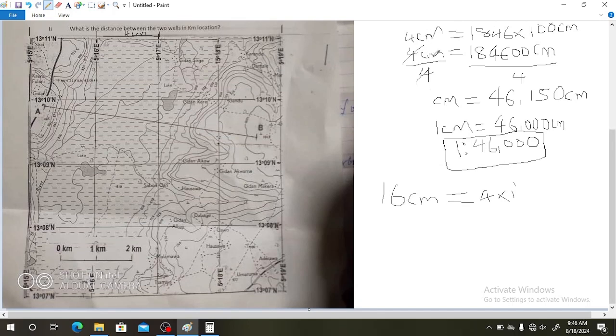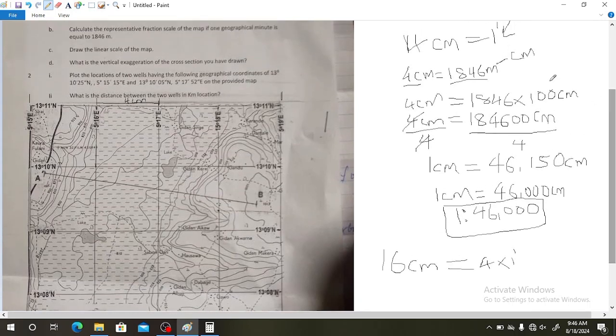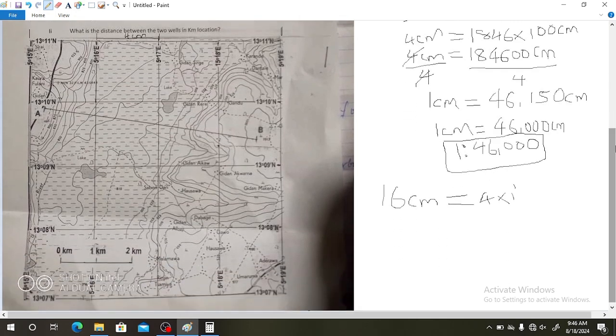Here we only use 1 minute because we only measured 1 box. But here we are measuring the whole 4 boxes, so we are going to multiply 1 minute by the 4 boxes. We have 16 centimeter is equal to 4 minutes.